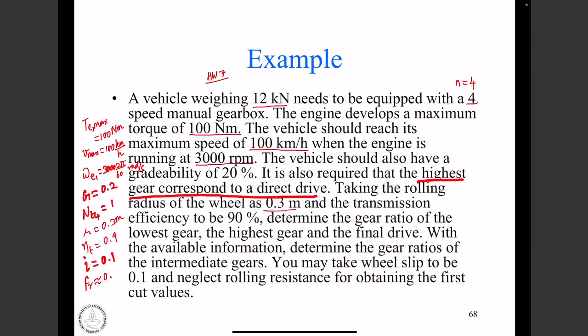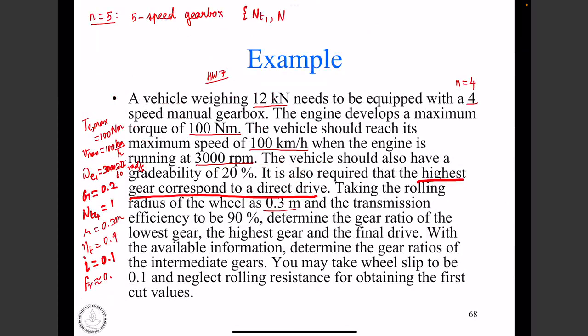All right. So I'm going to leave you with something to think about and ponder on. Let us say in the same example, now I want a 5-speed gearbox. So consequently, what are the unknowns?